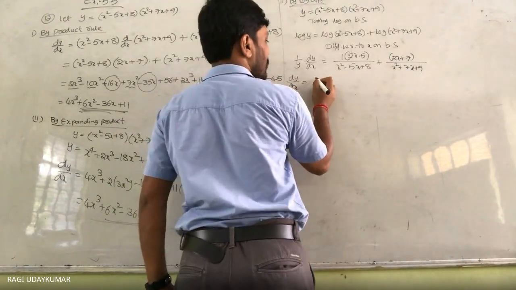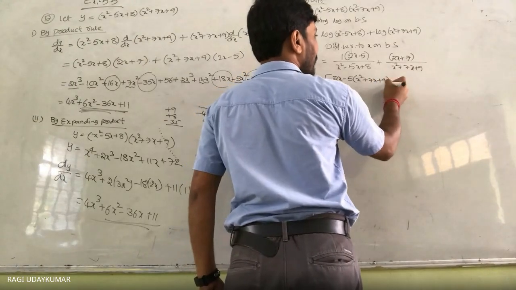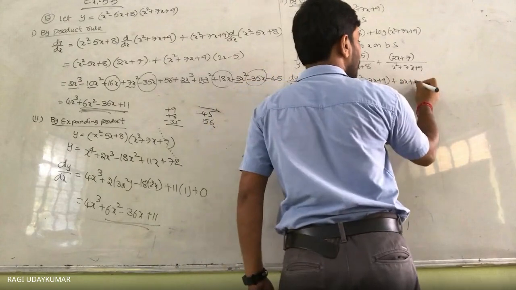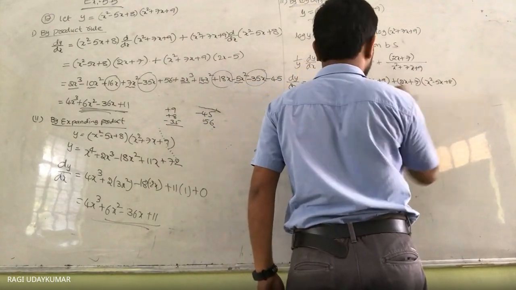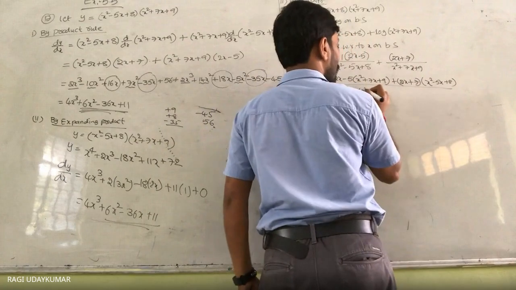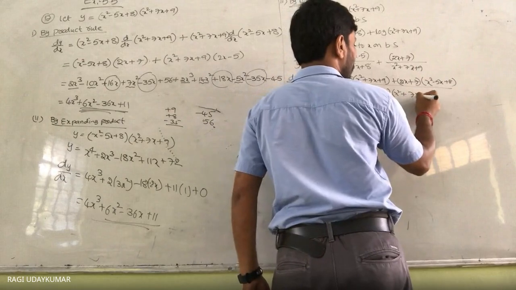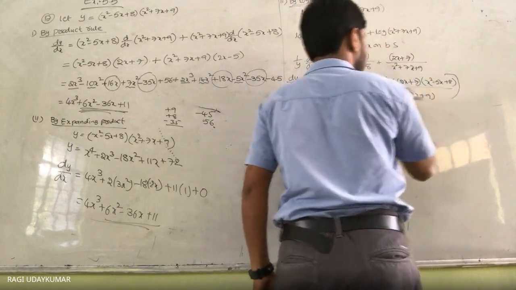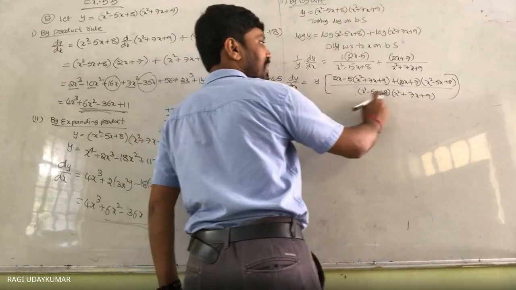dy by dx is equal to y into 2x minus 5 into x square plus 7x plus 9 plus 2x plus 7 into x square minus 5x plus 8 by x square minus 5x plus 8 into x square plus 7x plus 9. So this total is y. ये completely y होगा.